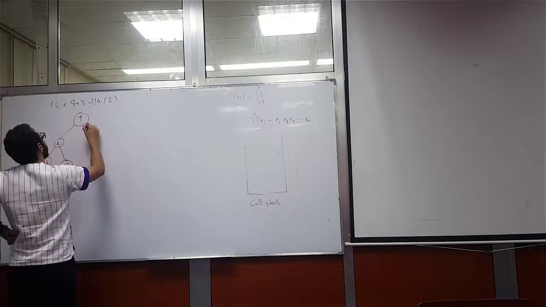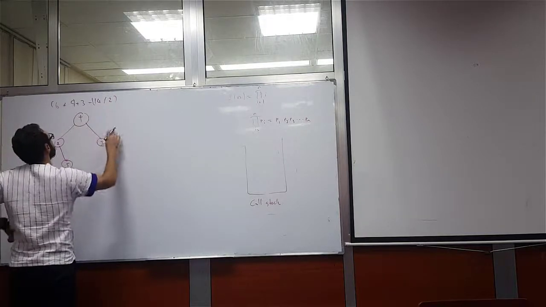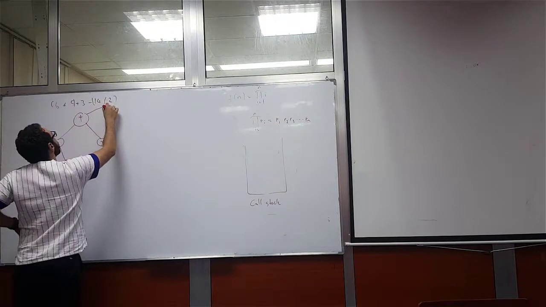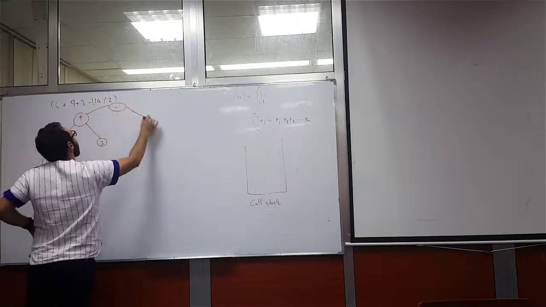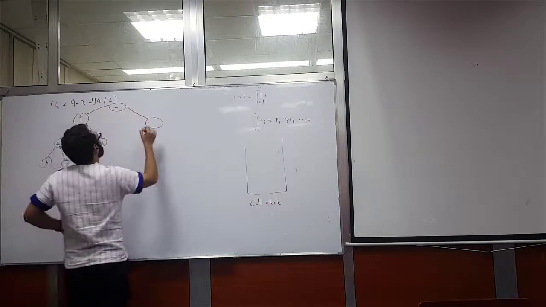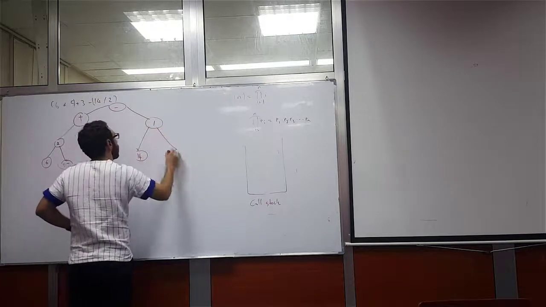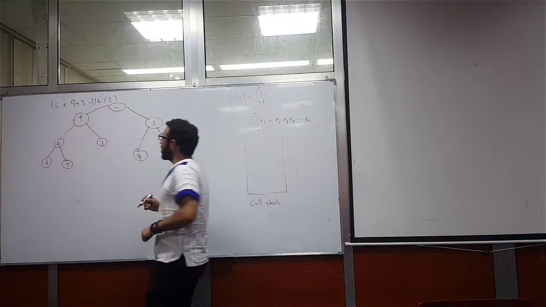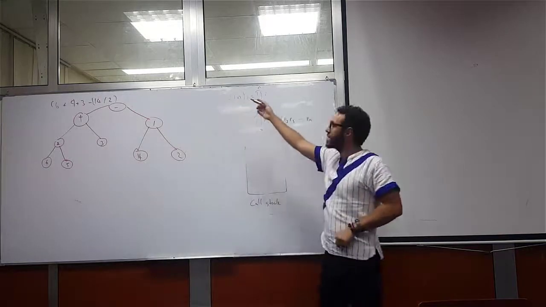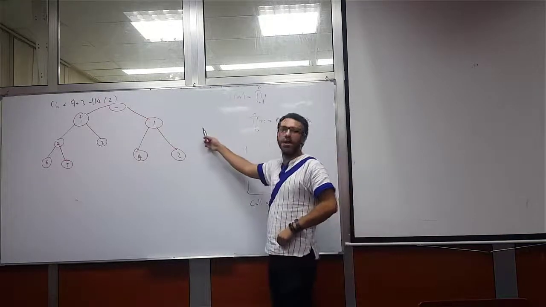And on the right of the plus we have 3, of course. And we have minus, right, we have 14 and 2. Basically this infix expression can be represented in a tree like this, right?